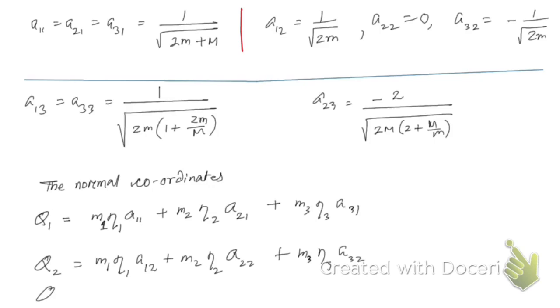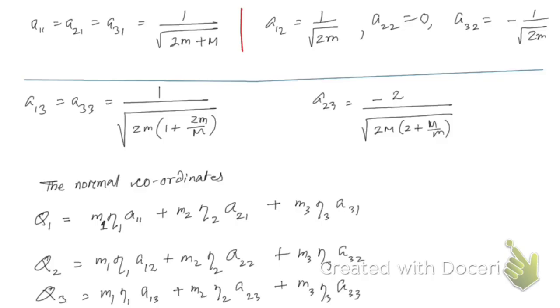In the next one, q3: m1 eta 1 a13 plus m2 eta 2 a23, then m3 eta 3 a33.